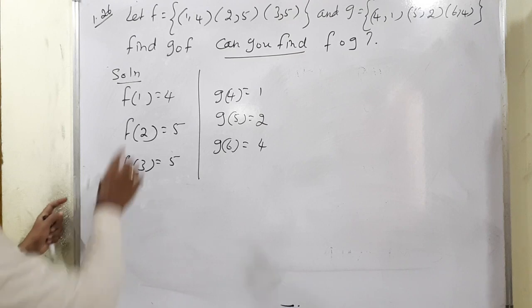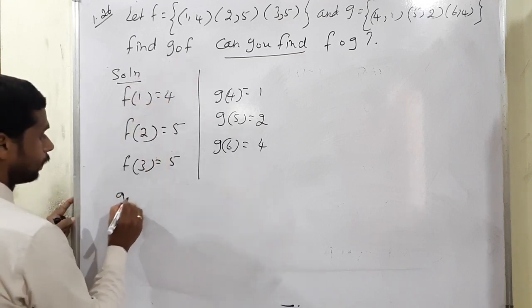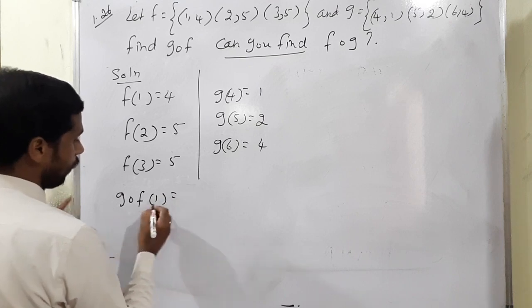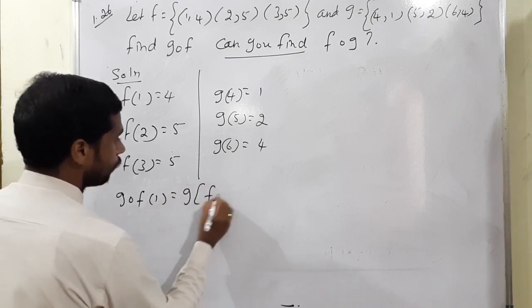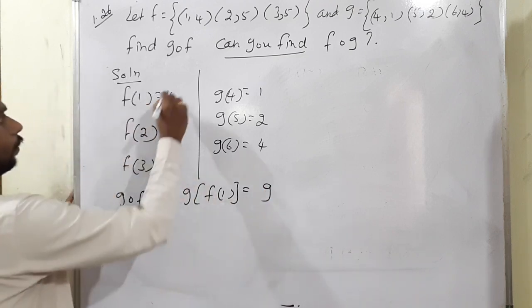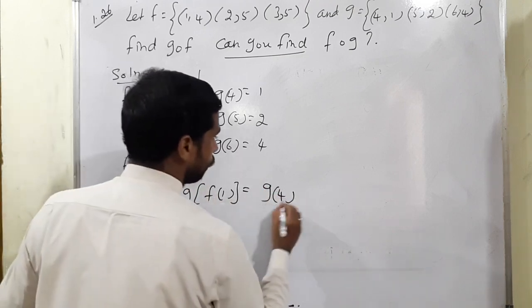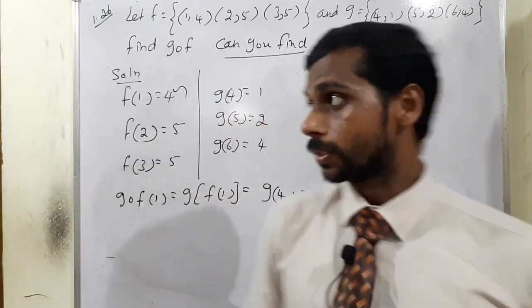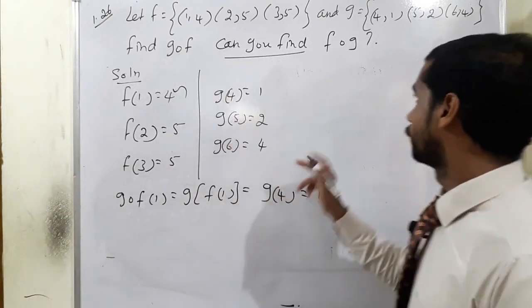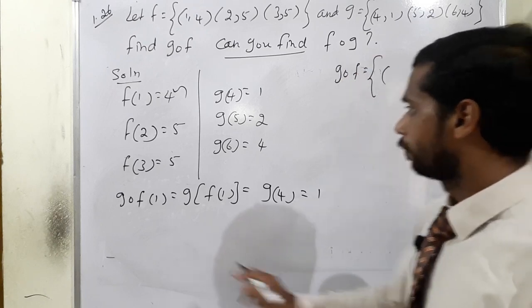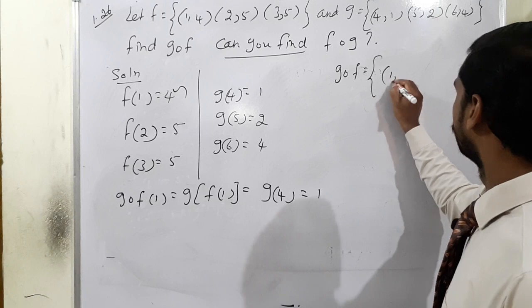First, g dot f of 1, that means g of f of 1. What is the value? f of 1 is 4, g of 4 is equal to 1. Therefore the first pair is 1 comma 1.